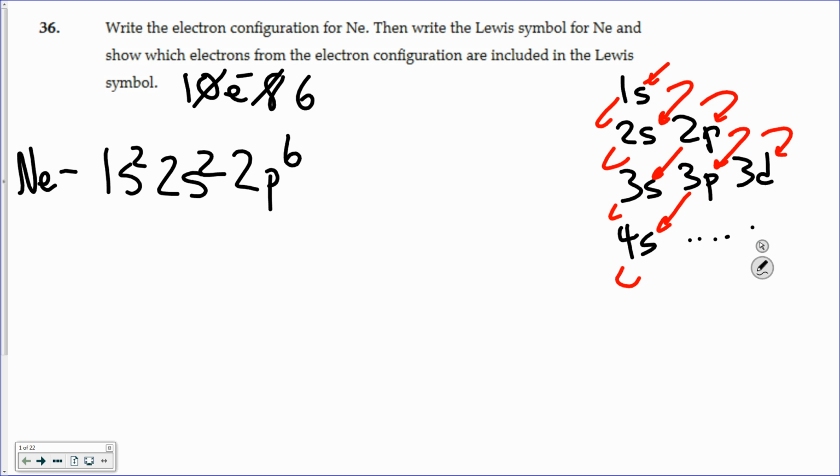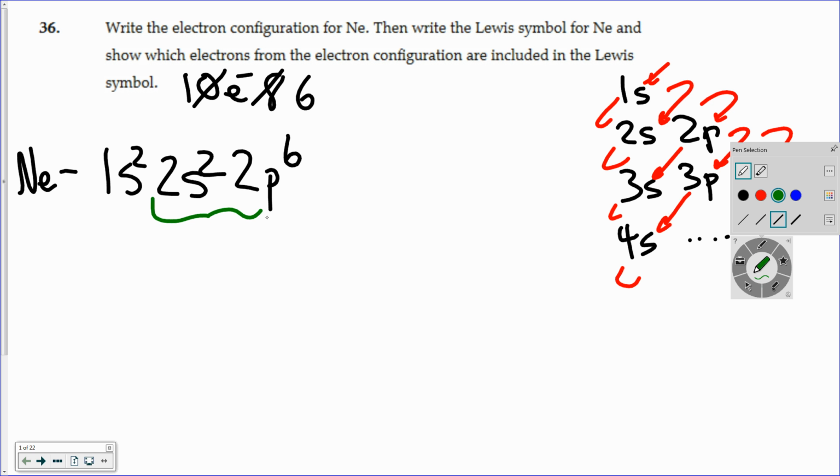And then the question asks, write the Lewis structure and which electrons are included from the electron configuration. So which electrons does the Lewis structure represent? Valence electrons, exactly right. So the ones that we're interested in showing in the Lewis structure are these valence electrons. These guys are the only ones that we want to represent.